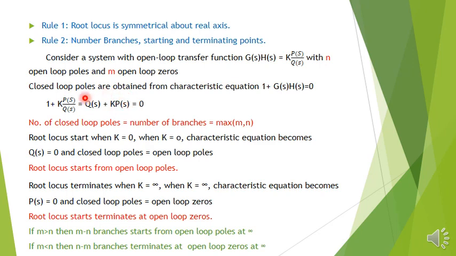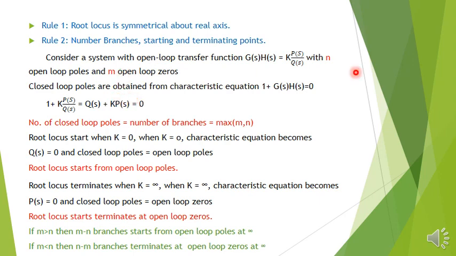The total system order is based on m or n, whichever is the largest, because that is the order of this equation. If m is equal to 2 and n equal to 3, then this equation contains s cube. So the number of closed loop poles is 3. That means the number of branches equals 3.